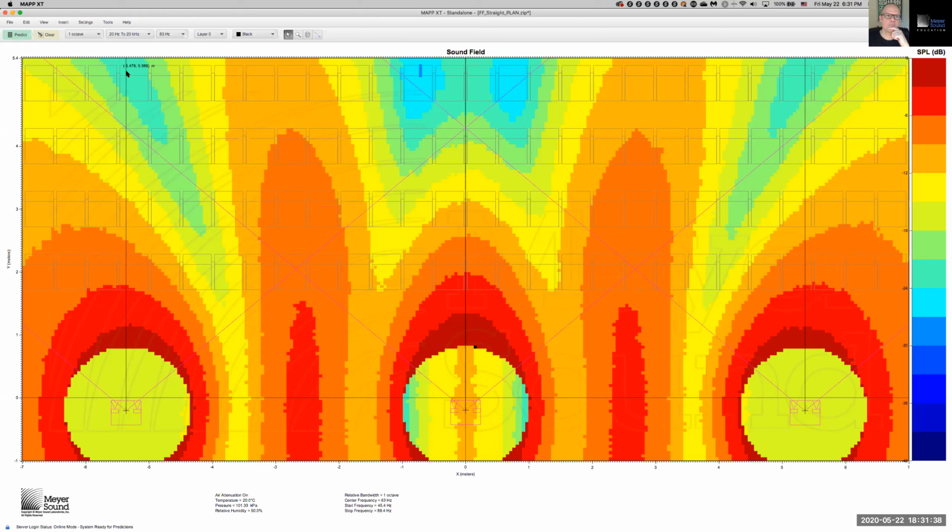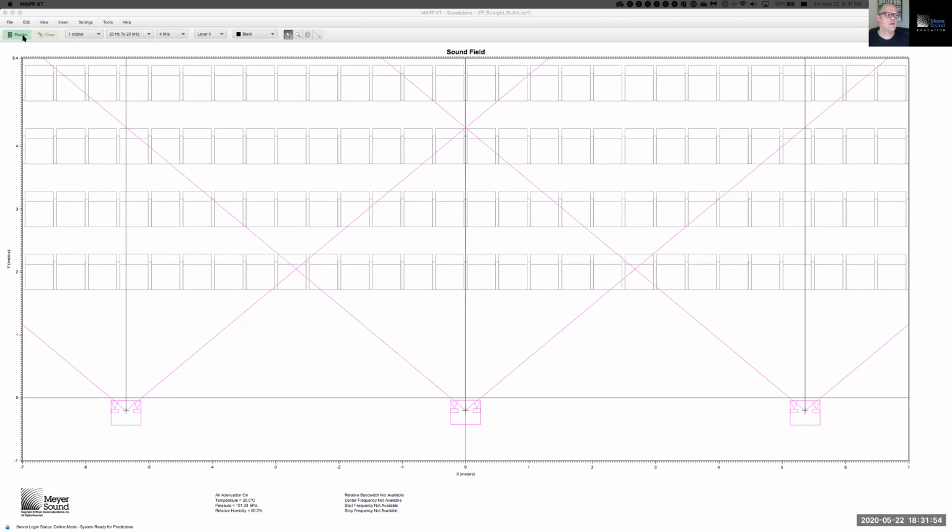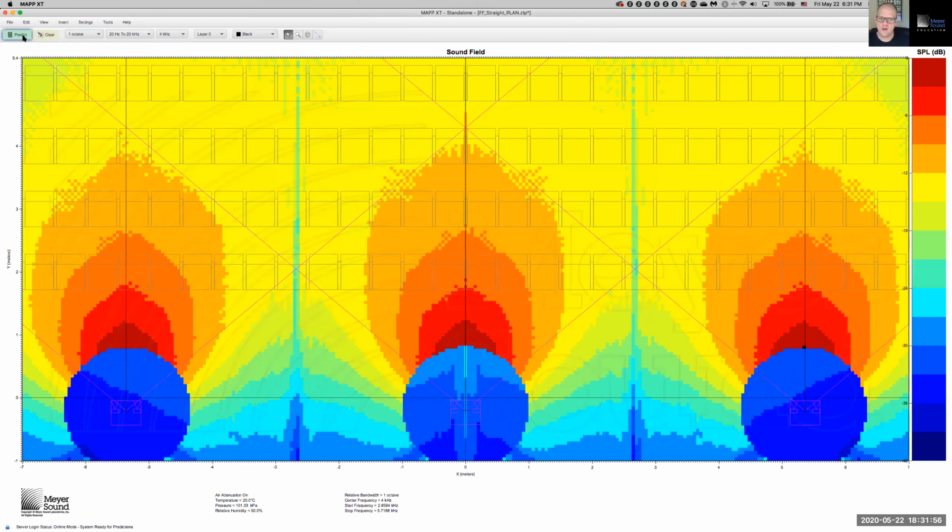Out of the gate, for most applications, we recommend to look at 4 kHz, 1 octave, because that's the typical frequency range where your loudspeakers are very well behaved. Needless to say, they're also well behaved for other parts of the spectrum, but in terms of aiming and spacing, 4 kHz is your common departure point, according to our recommendation.